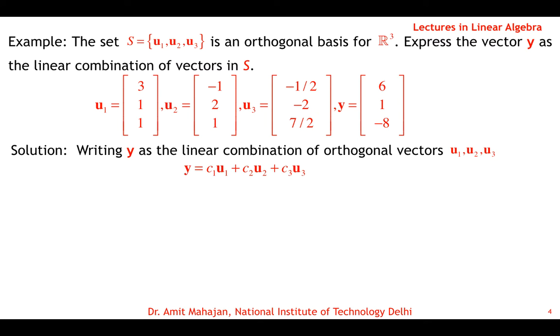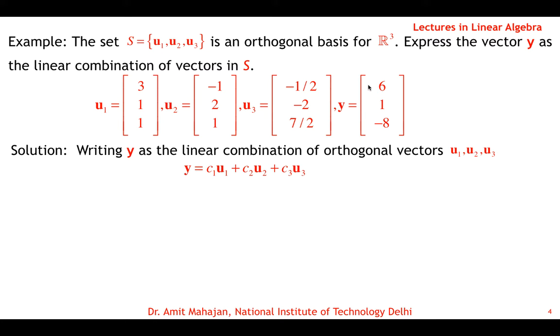Because they are an orthogonal basis, we can calculate these weights directly without solving the augmented matrix and finding the solution of this non-homogeneous system. The weight c1 we can calculate as y dot u1 divided by u1 dot u1. C2 will be y dot u2 divided by u2 dot u2, and C3 will be y dot u3 divided by u3 dot u3.